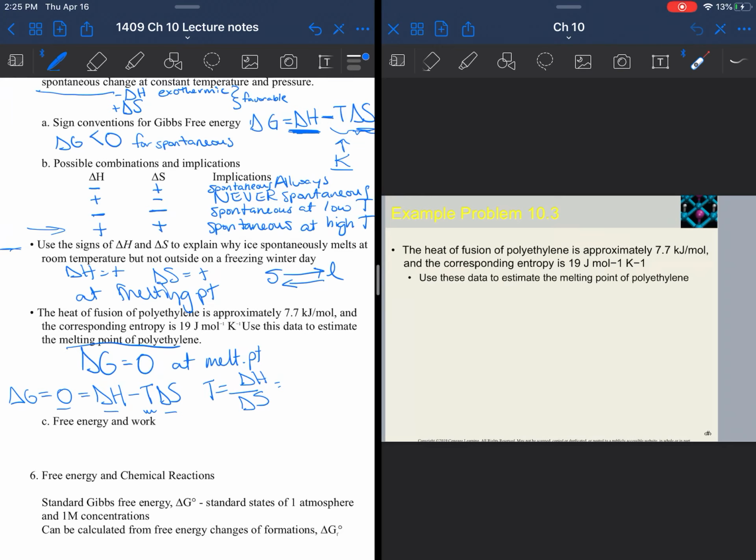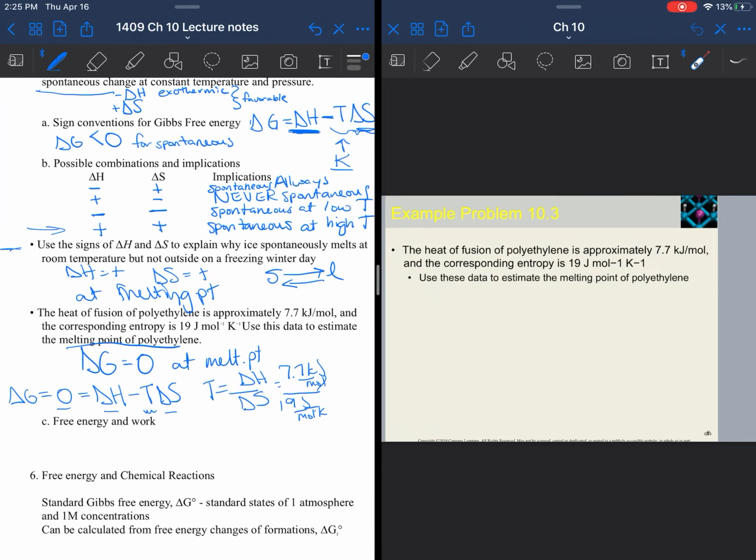Something that you want to note, and I'm sure you really and truly miss me saying it over and over again, is to pay attention to units. Look at this. Delta H is 7.7 kilojoules per mole divided by 19 joules per mole Kelvin.